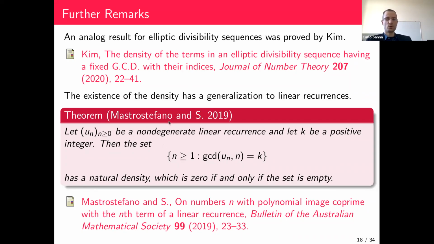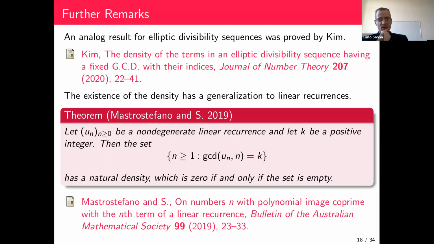And we showed that in general, if u sub n is a non-degenerate linear recurrence and k is a positive integer, then the set of natural numbers n such that the GCD of u sub n and n is equal to k has a natural density, and this natural density is 0 if and only if this set is empty.